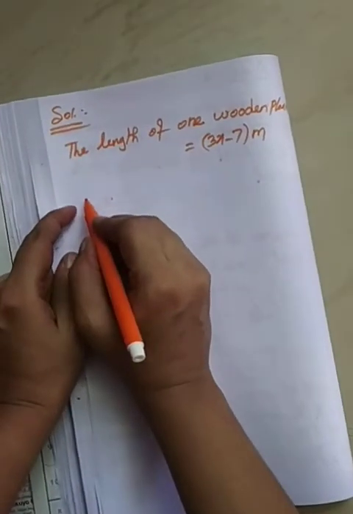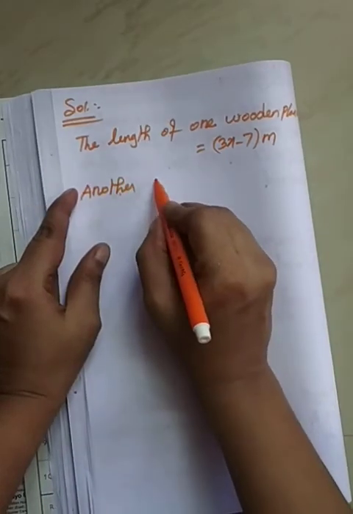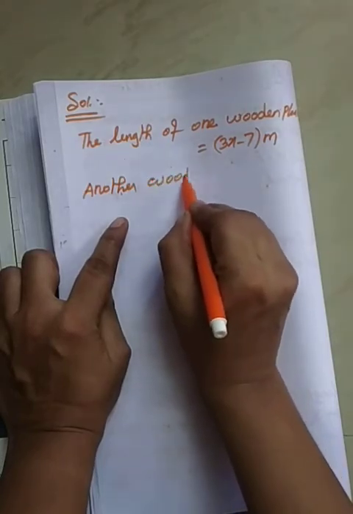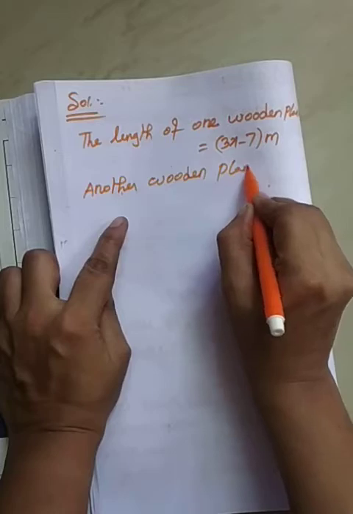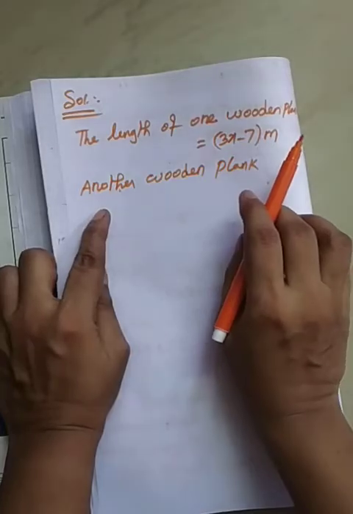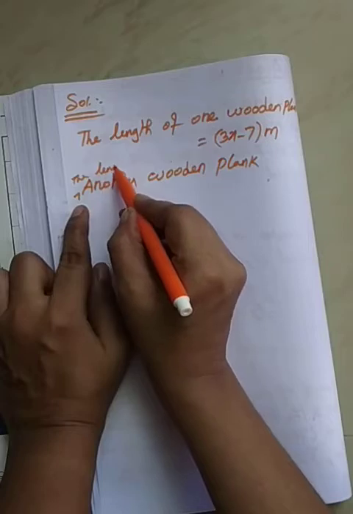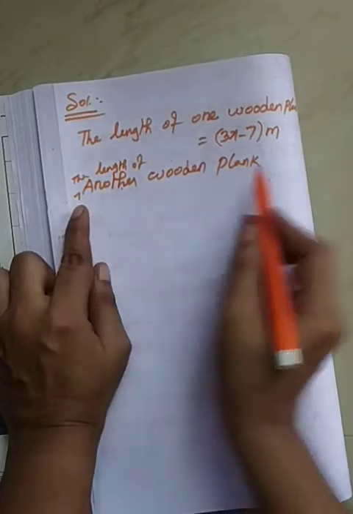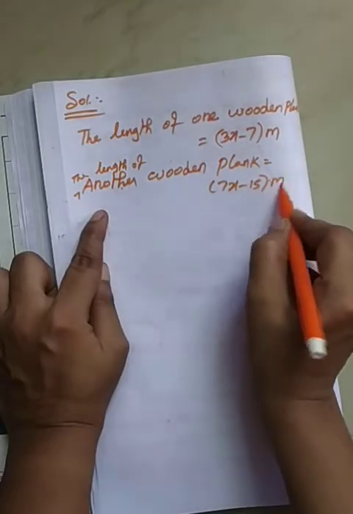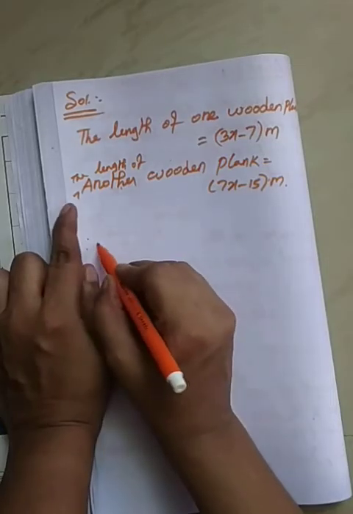Then the length of another wooden plank is equal to 7x minus 15 meter. Now, what is the question? The total length of the plank.